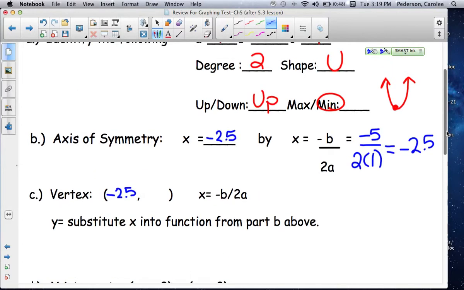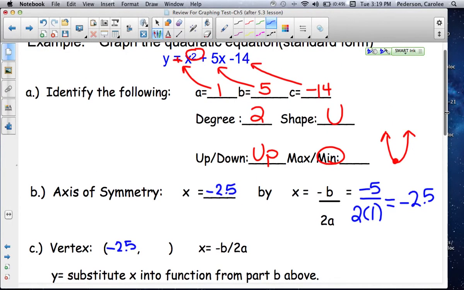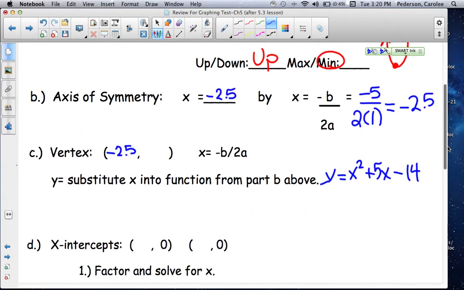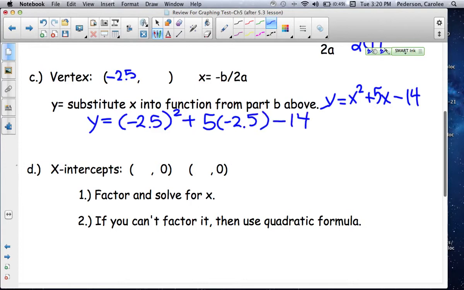So our equation is y equals x squared plus 5x minus 14. So now we're going to substitute that negative 2.5 in. So y equals negative 2.5 squared plus 5 times negative 2.5, and then minus 14.